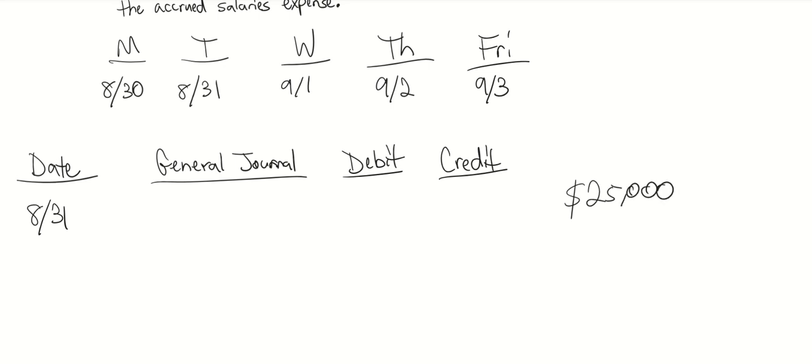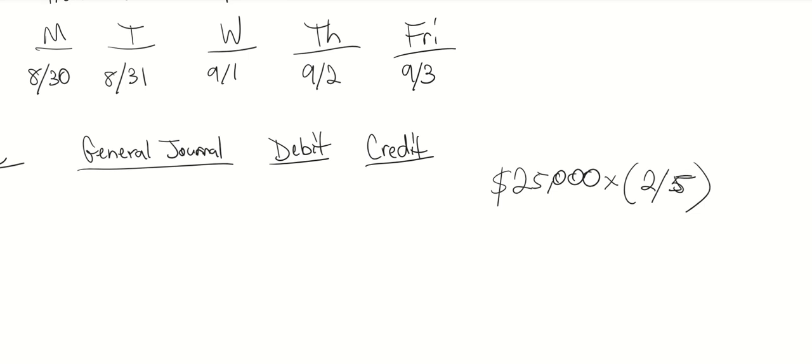We're only going to accrue 2 out of the 5 days into the company's books as of August 31st. So this should come out to be $10,000.